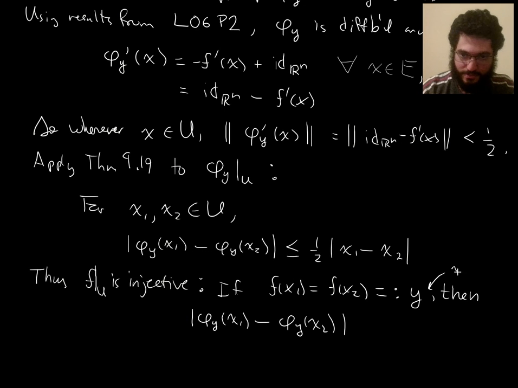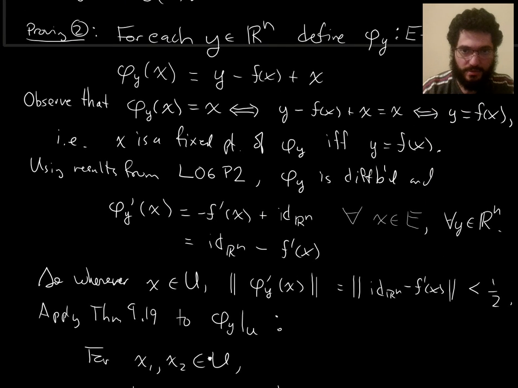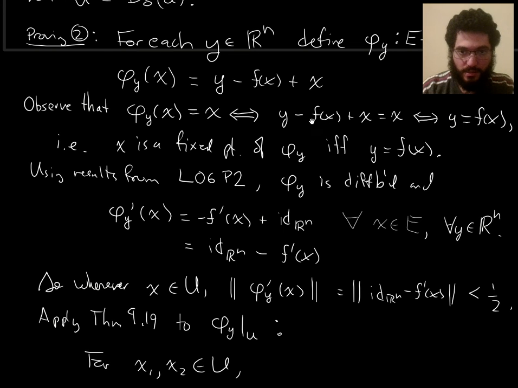So here I get to assume x1, x2 are in U. Then when you look at this, according to the statement above, this is less than or equal to 1/2 the distance between x1 and x2. And according to this observation, which is off screen at the moment, that if x is a preimage for y, then it is a fixed point for phi sub y.